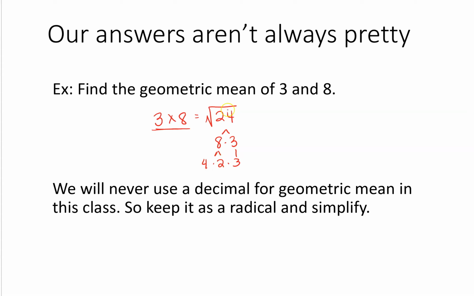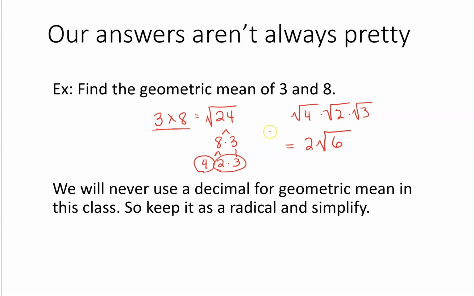Now, when I'm looking to simplify a radical, I'm going to look for a perfect square under the radical that can come out. So think of this as the square root of 4 times the square root of 2 times the square root of 3. You can separate all of them. So the square root of 4 is 2. And then 2 and 3 don't have any matches, so they need to stay under the radical. So 2 times 3 is 6.